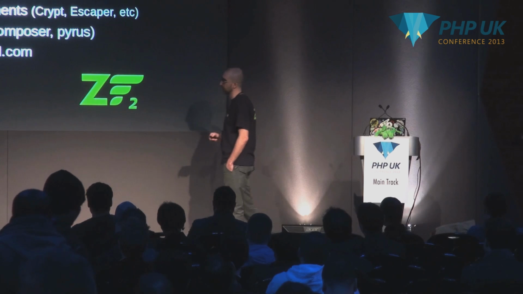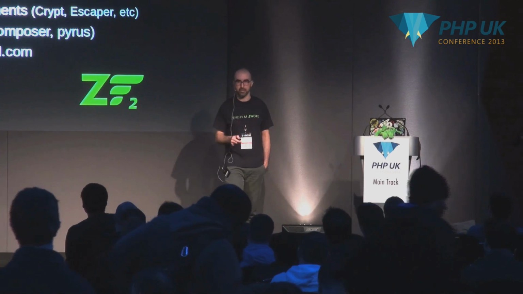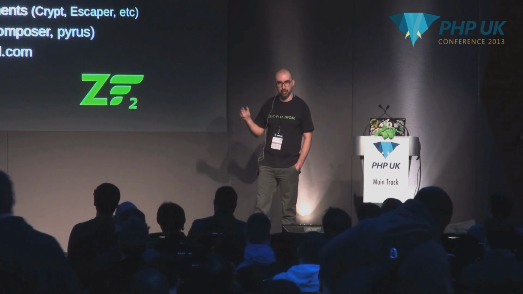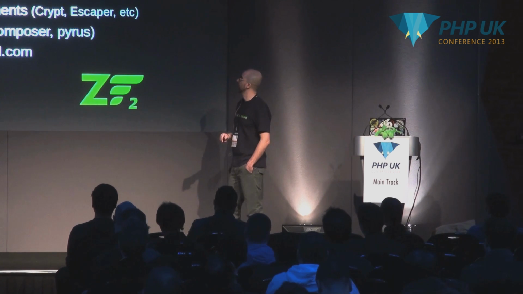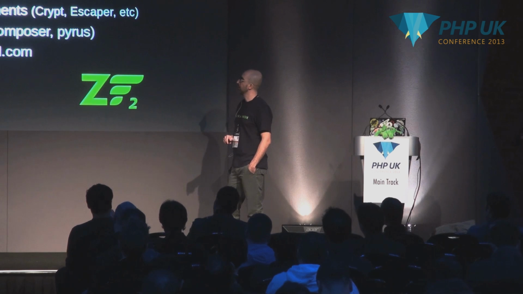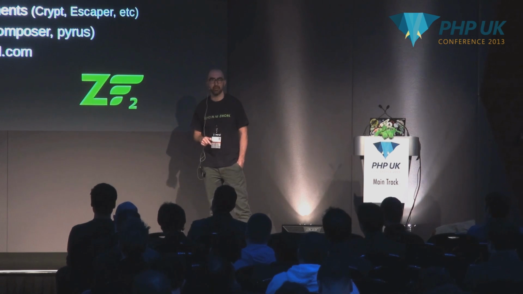We based the new architecture on events, services, and models. And I'm going to show you in detail each one of these three components. We also added a couple of new classes, especially about security.